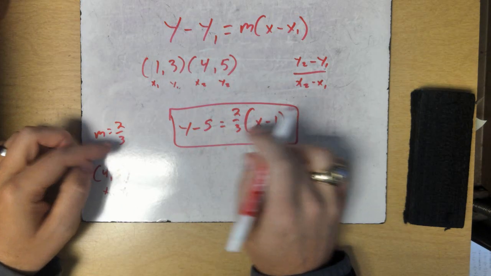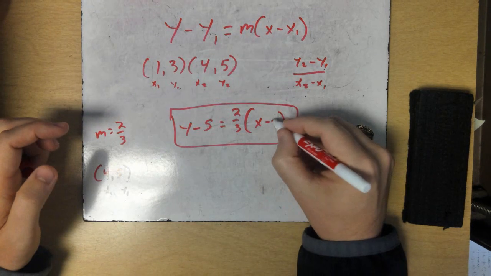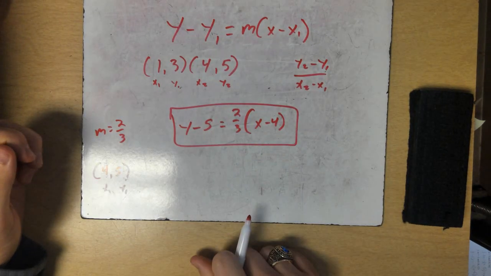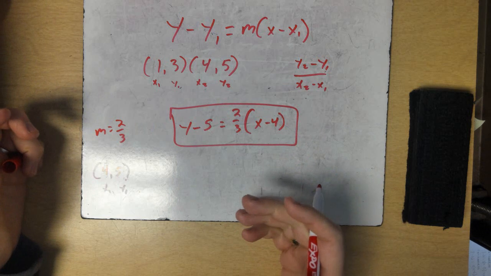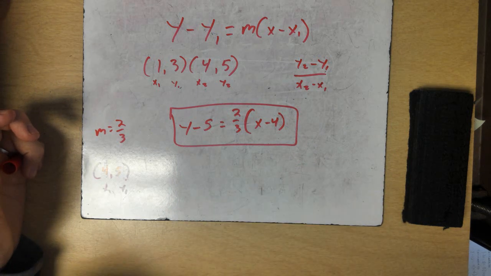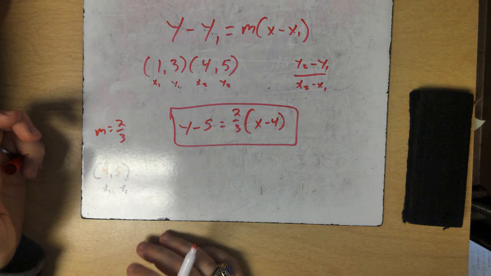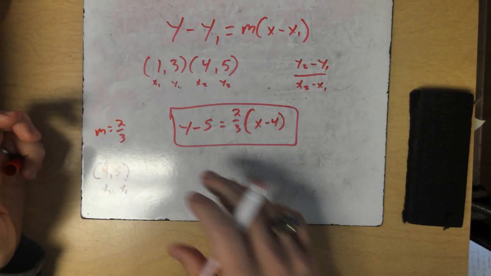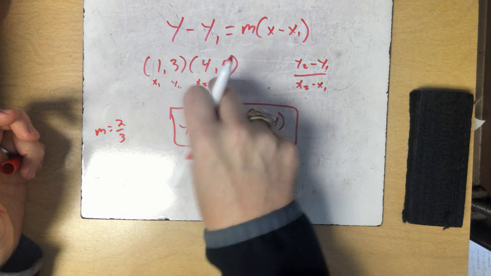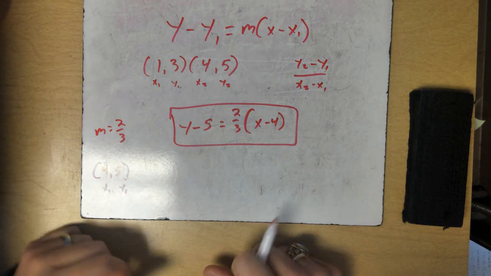My slope stays the same, and then our x1 would be 4. So it's the same thing, right? It's going to give you the same answer when it's all said and done. But you could use either one. I don't need both when you do it on your own work. But to show you, you can use the first one or the second one. Does not matter, and then just plug it in.